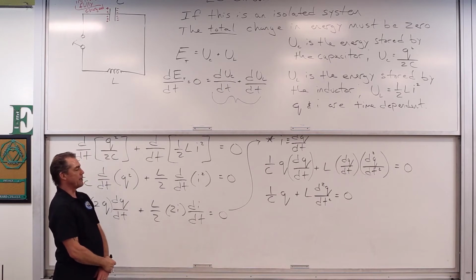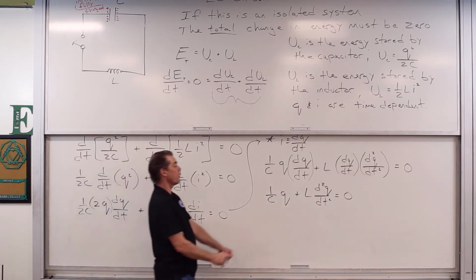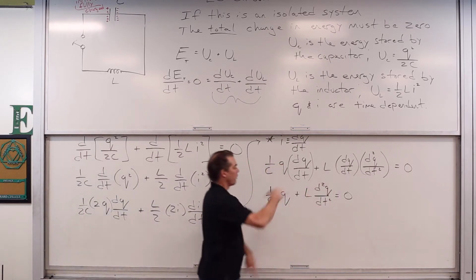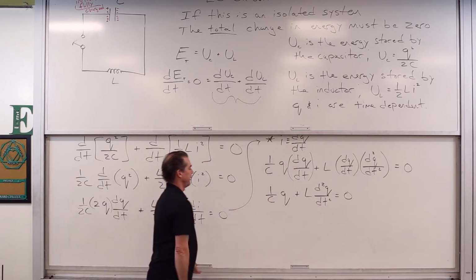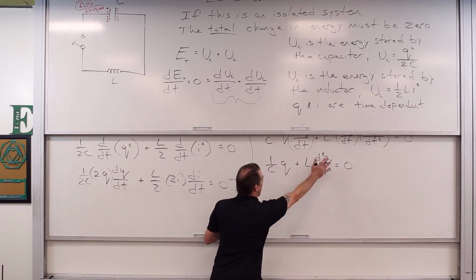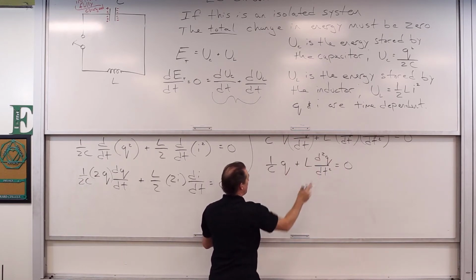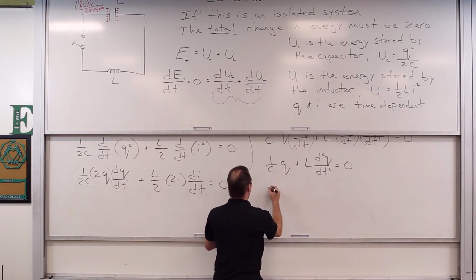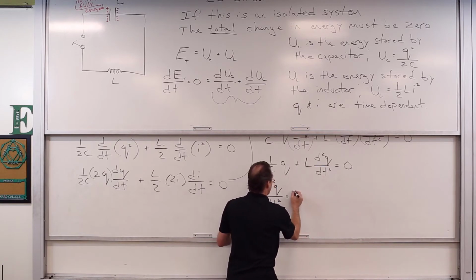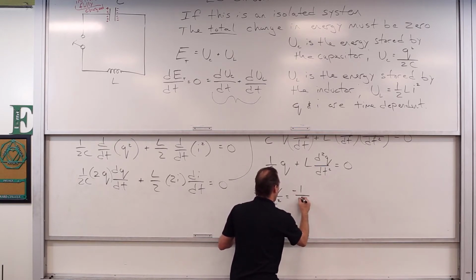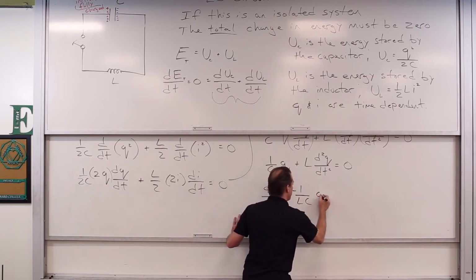Let's get everything except this over to the other side. I'll subtract this from both sides and then divide by L, and we will have that d squared q/dt squared is equal to negative 1 over LC times q.